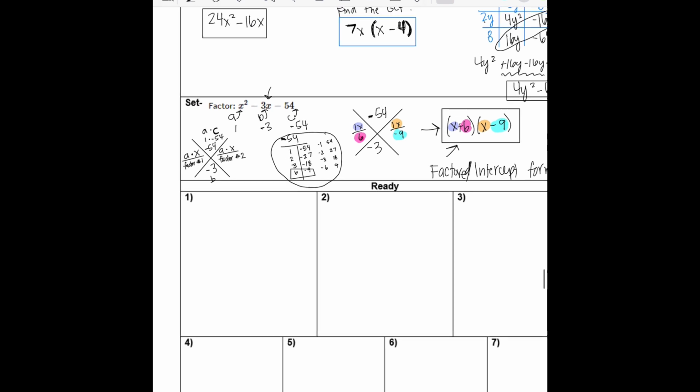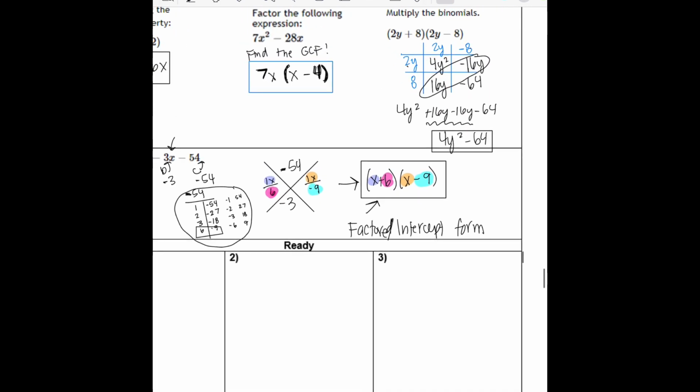Okay, so your factors should multiply to a times c and add to b. Okay, they have to do both of these things to be your correct factors.